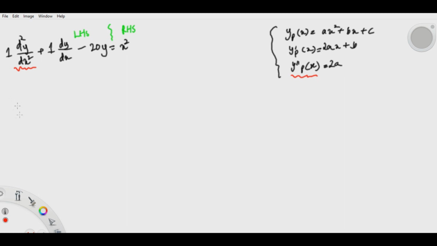What I get is 1 multiplied by 2a. Now I'm going to do the same with this: 1 times 2ax plus b.